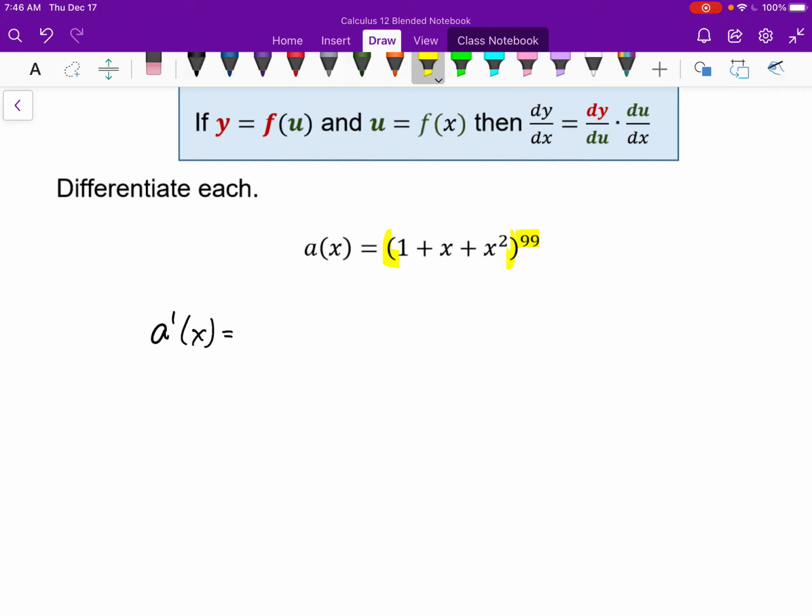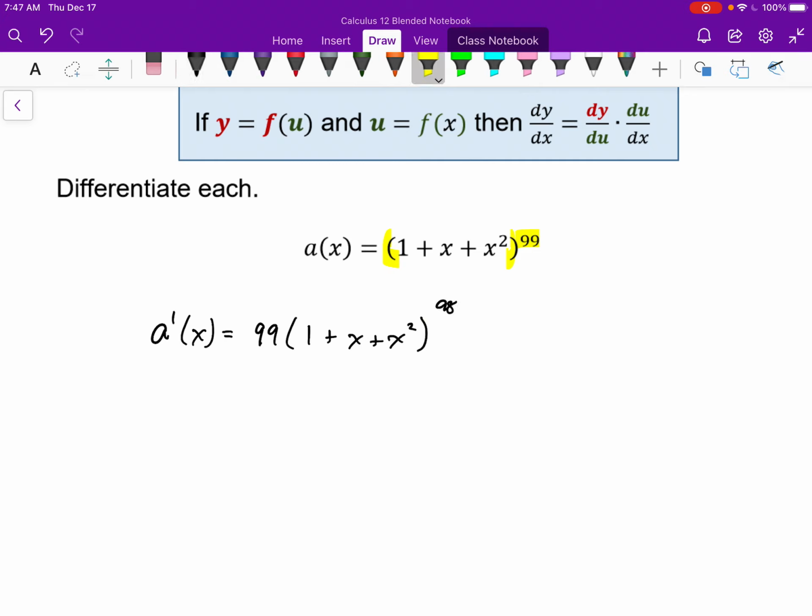I want to differentiate that, leaving the inside function alone. Or what we're really doing is differentiating everything you see here with respect not to x, but with respect to 1 plus x squared. In practice, I know that sounds complex, I use the power rule. So I have 99 times 1 plus x squared, which has been left alone, to the power of 98.